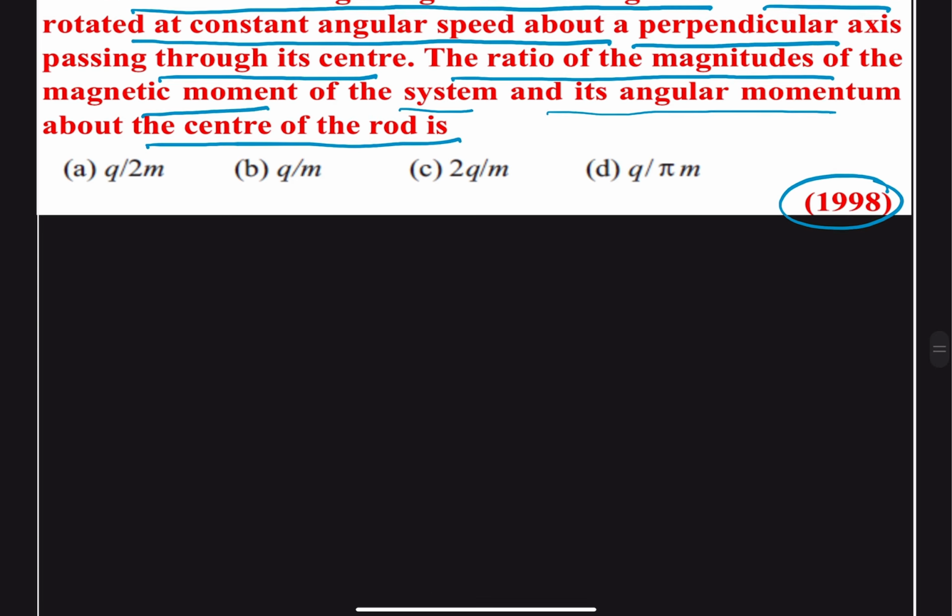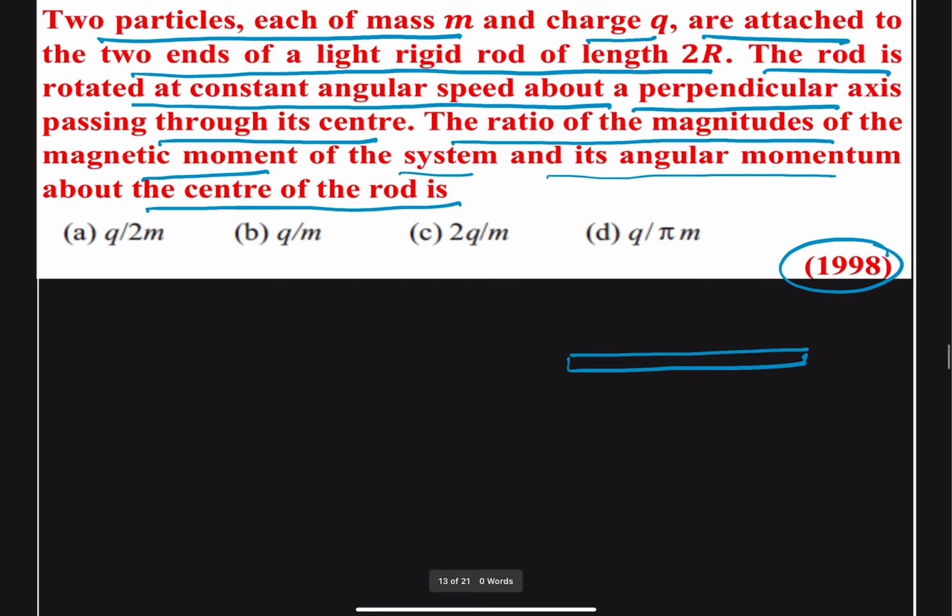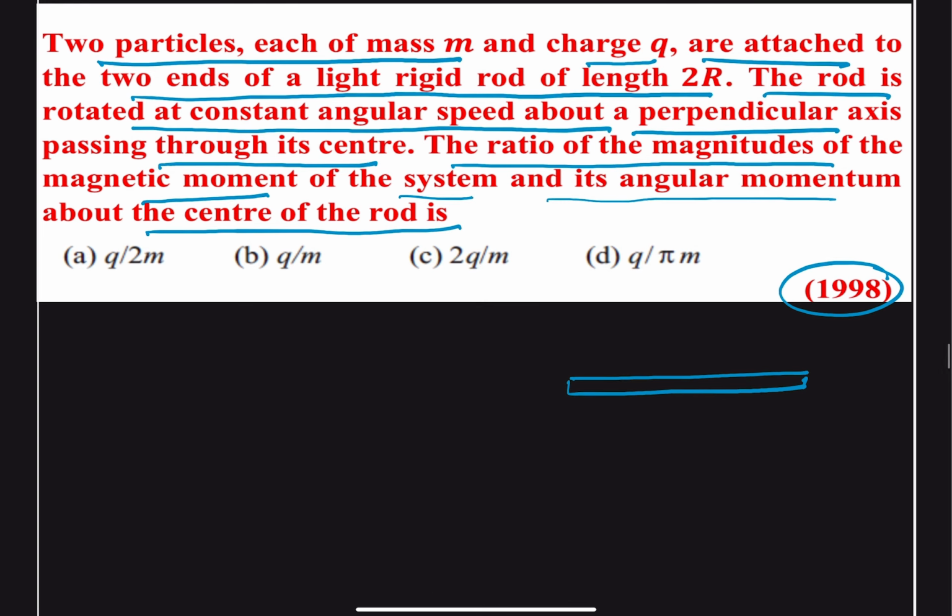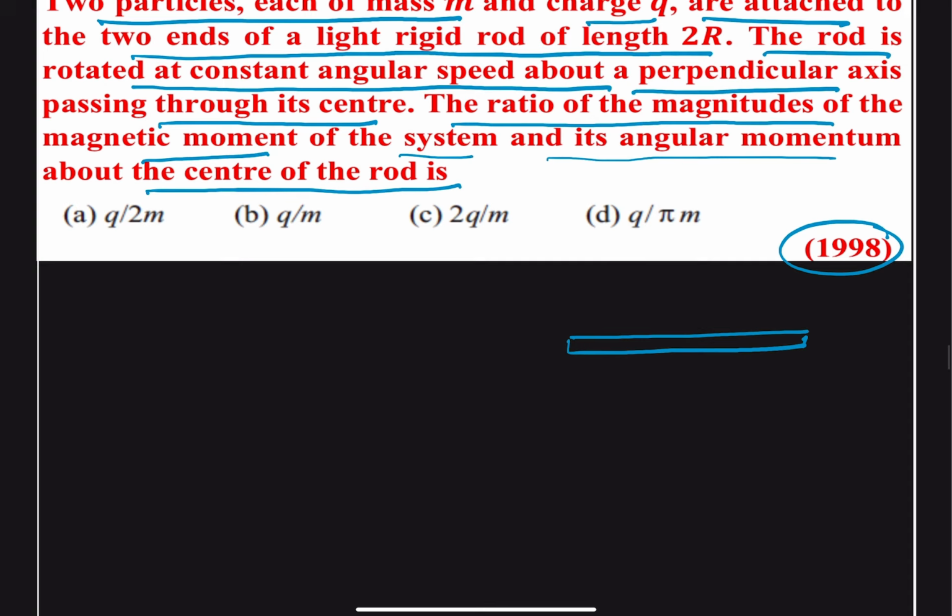So here we have a charge. Let us make a rod, and it is given that the particles have mass m and charge q.